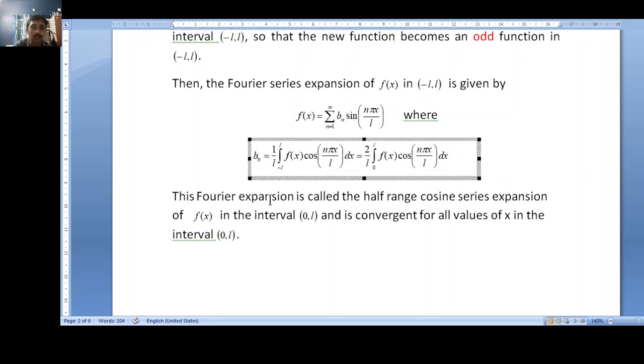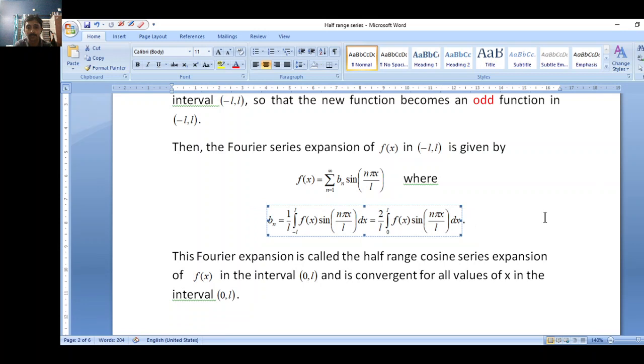And what will be the expression for bn? Initially it is 1 by L integral minus L to L f of x sin n pi x by L dx. But because f of x is an odd function and the sine function is also an odd function, the product of these two becomes an even function, and accordingly the integral turns out to be 2 by L integral 0 to L f of x sin n pi x by L dx.